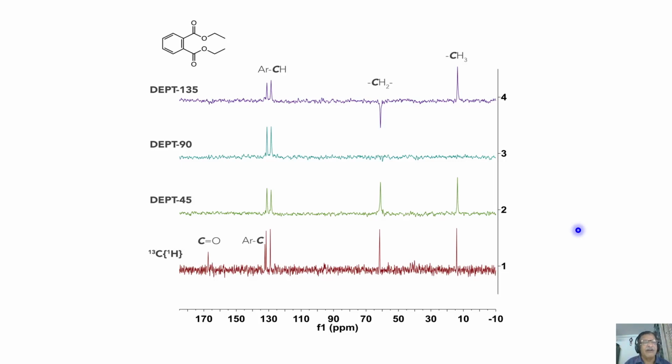When phi is equal to 90, you get only CH carbons. When phi is equal to 135, all carbons attached to an odd number of protons, that is CH carbons and CH3 carbons, are positive in intensity, and CH2 carbon is negative in intensity.